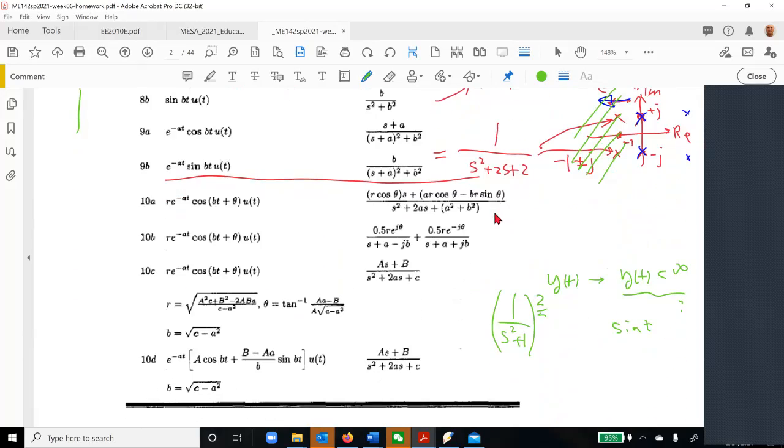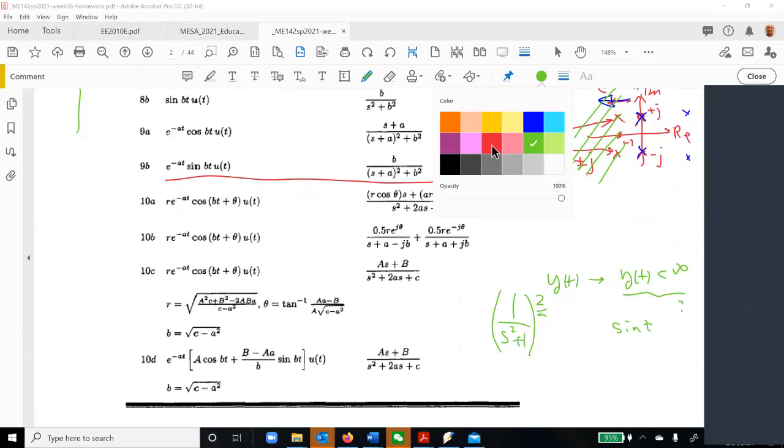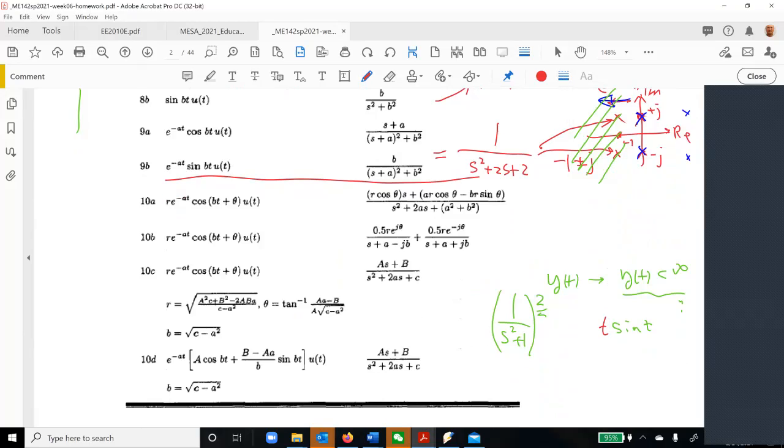So you end up with this t here, and this will give us trouble. That means when t goes to infinity, while sine t is between +1 and -1, the whole thing will blow up.